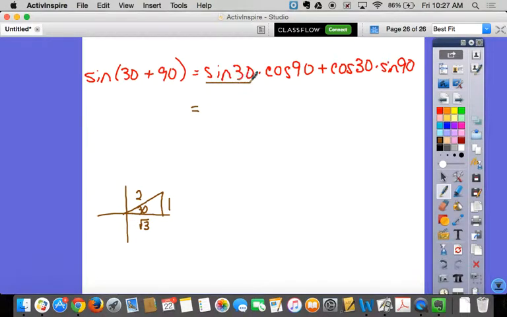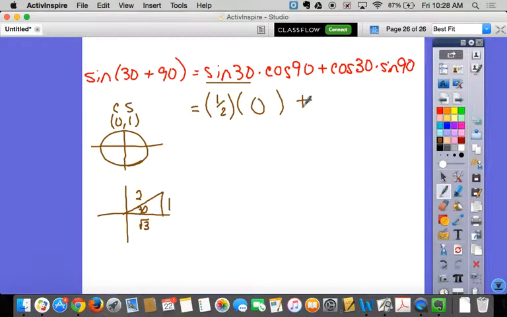So that becomes 1 over 2. And then I've got cosine of 90. Well, cosine of 90, that goes to unit circle. So 90 degrees, 0, 1, cosine, sine. So cosine of 90 is 0. Okay, so put a big 0 there. All right, here comes this one. Cosine of 30, go back to this picture right here. Cosine is square root of 3 over 2. Sine of 90, okay, go back to this picture.